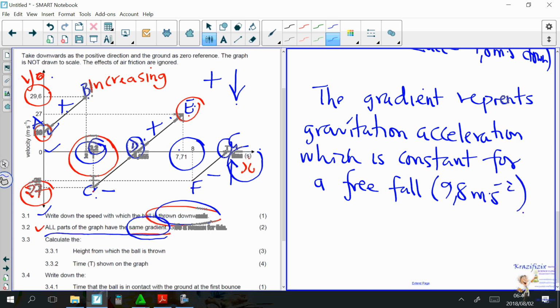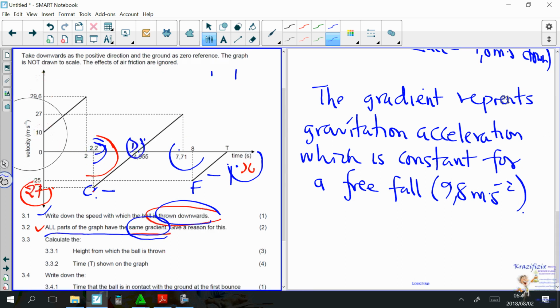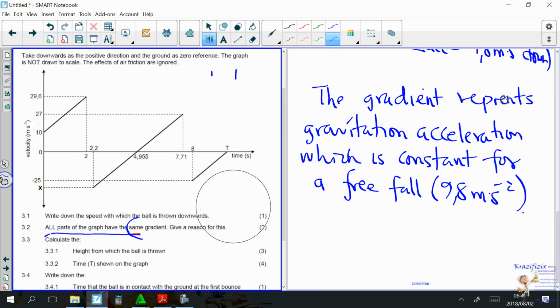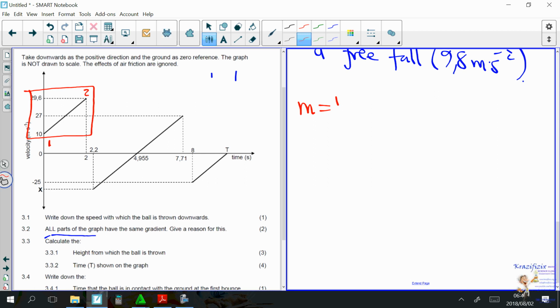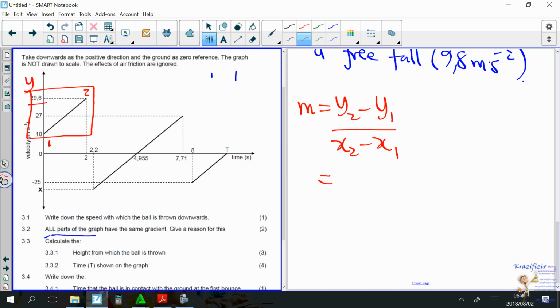I want us to quickly try something. Let's try to calculate. Let me remove all of this so that it's clear. Can we look at this section? Let's take this as 0.1 and let's take this as 0.2. What is gradient? m equals y2 minus y1 over x2 minus x1. Now what is my y2? 29.6.